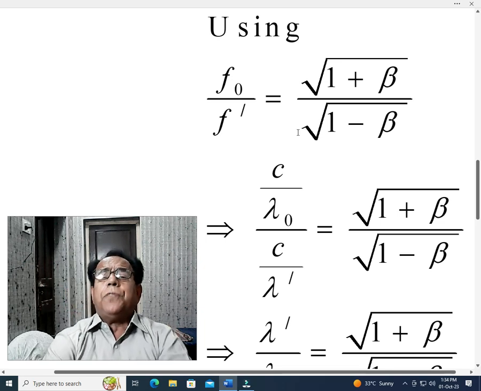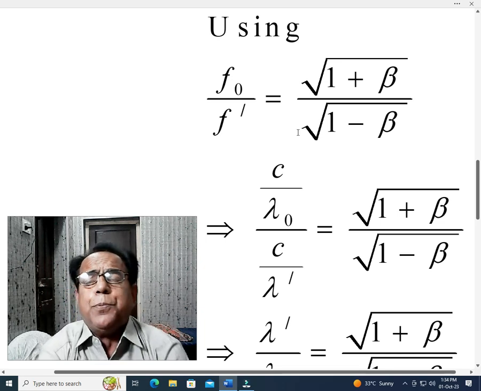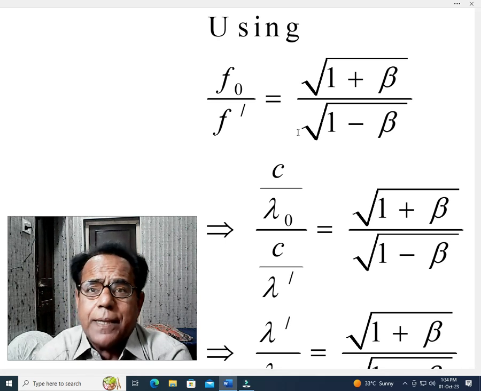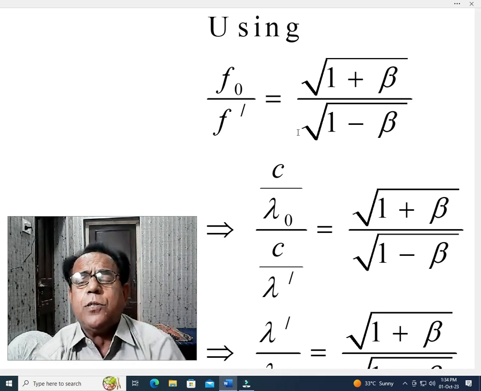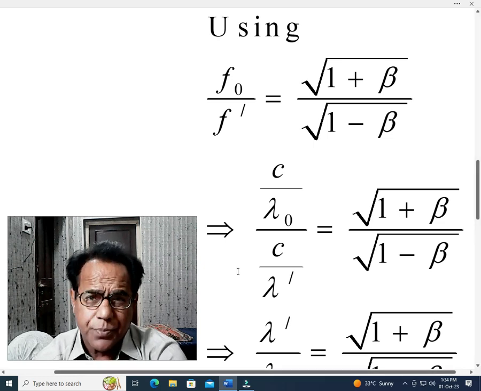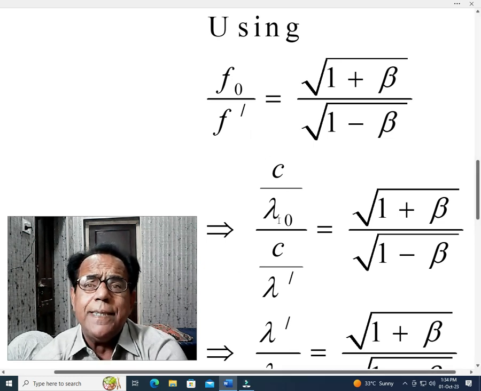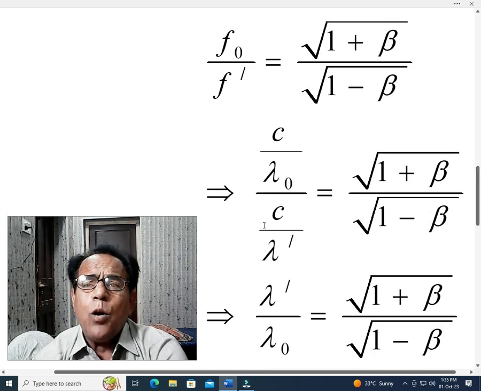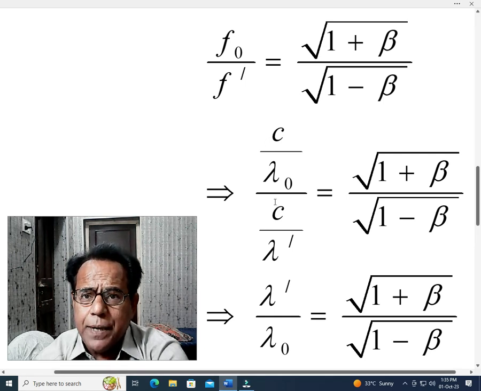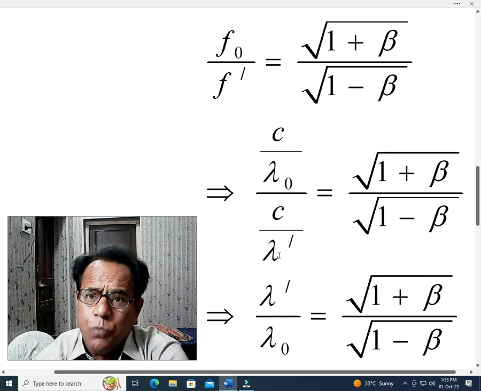We know that frequency is the reciprocal of wavelength with the involvement of the speed of light, that is f₀ is equal to c over λ₀, and f' is equal to c over λ'. So here we can write it as c over λ₀ into λ' over c.